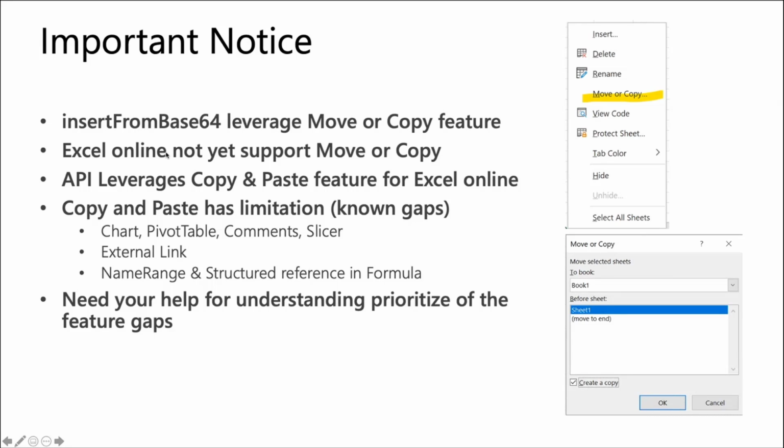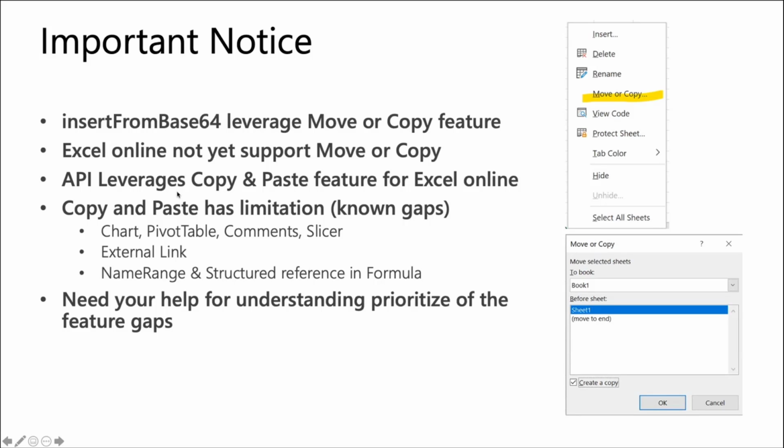However, right now, Excel Online does not support this feature. That's the reason that this API is in high demand, but we will not be able to release it because Excel Online does not yet support it. Therefore, our team is making some investment to leverage copy and paste.